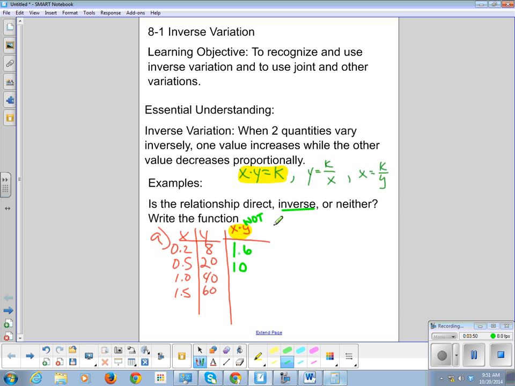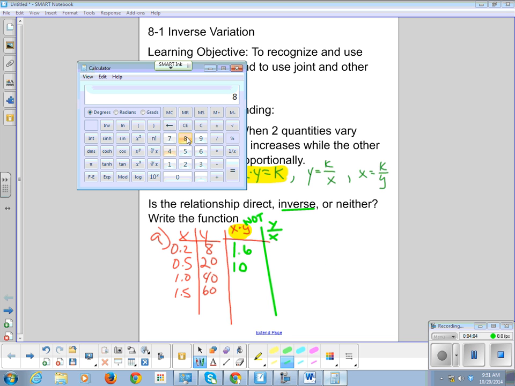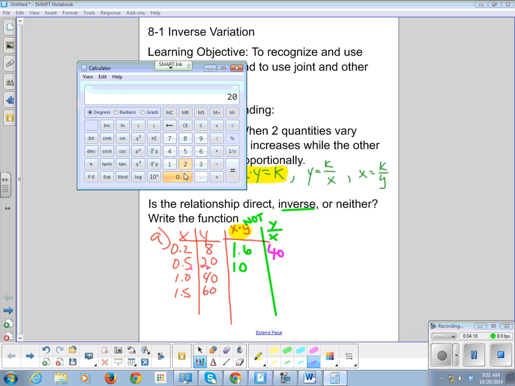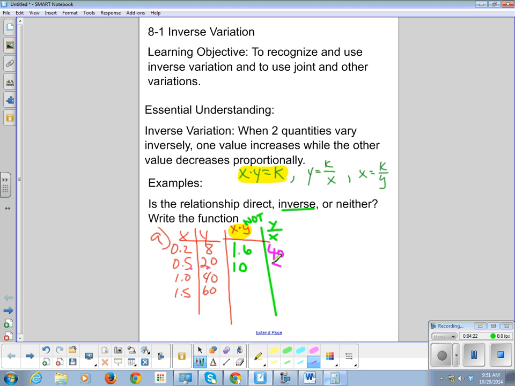So now I'm going to test for direct. And if you guys remember, testing for direct, we take our y value and divide it by the x value. So we're going to take 8 and divide it by 0.2, and I get 40. Then I'm going to take 20 and divide it by 0.5, and I'm going to get 40, so it's looking good.